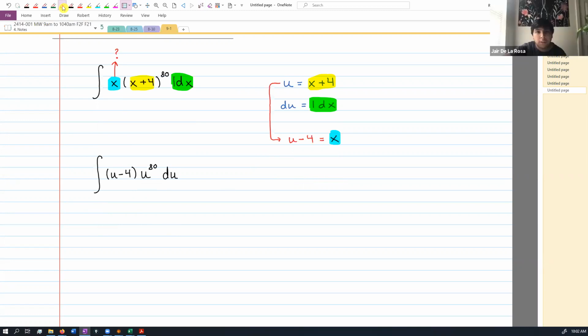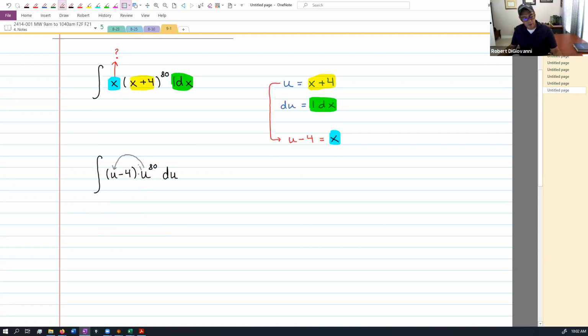Well, no, because there's a product, right? This is a product. Yeah. But can't you just distribute this like algebra? Can't you just distribute that through the parenthesis? Could, right?